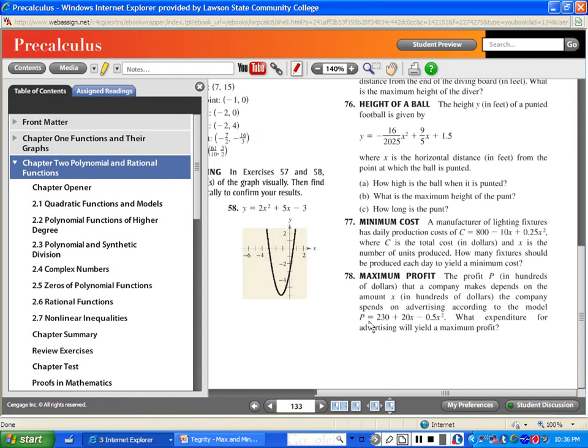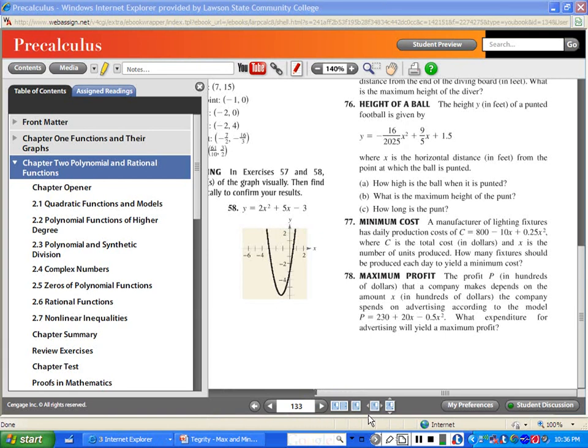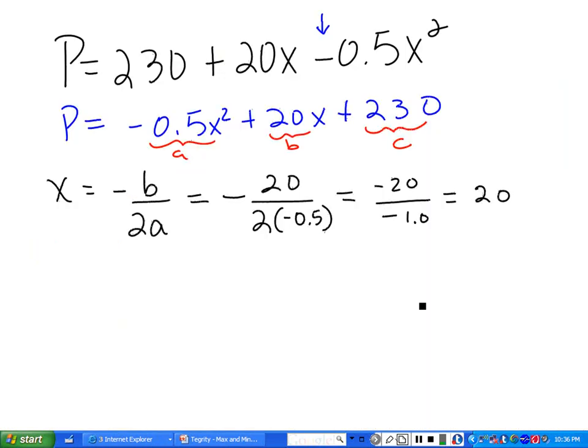Now notice that the problem says that x represents hundreds of dollars. So since we have x is 20, it doesn't actually mean 20. It means 20 times 100. So 20 times 100 is $2,000.